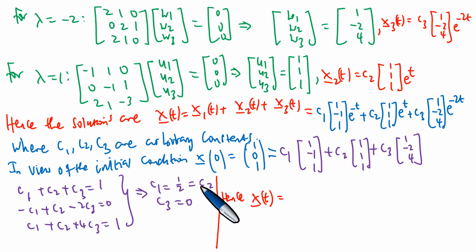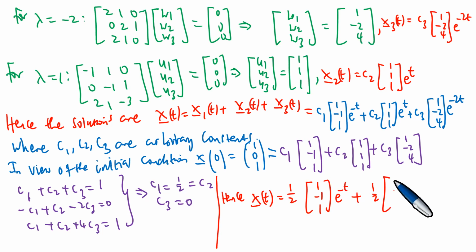You substitute here the C1, which is half, and C2, which is also 1/2, and then C3 is going to become 0. So you're going to have 1/2 into (1, -1, 1) e to the minus t, C2 is 1/2 (1, 1, 1) e to the t, like this. And then C3 is going to become 0.